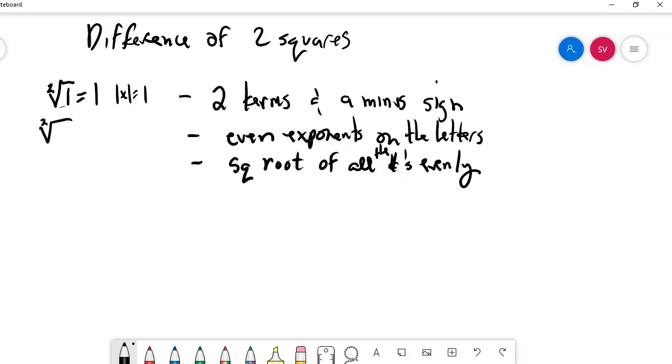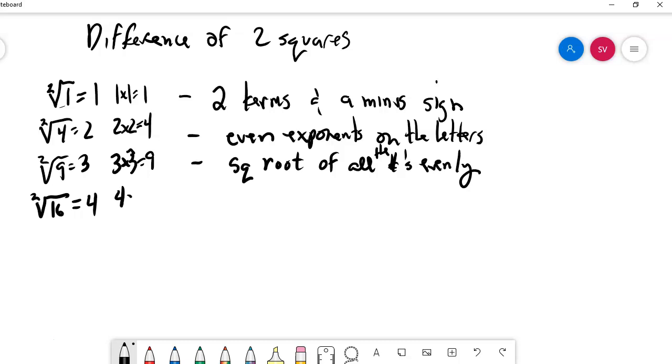The square root of 4 is equal to 2 because 2 times 2 is equal to 4. The square root of 9 is 3 because 3 times 3 is equal to 9. So hopefully you can start seeing the pattern here, and I'll explain it after I cover this one. Square root of 16 is 4 because 4 times 4 is equal to 16.